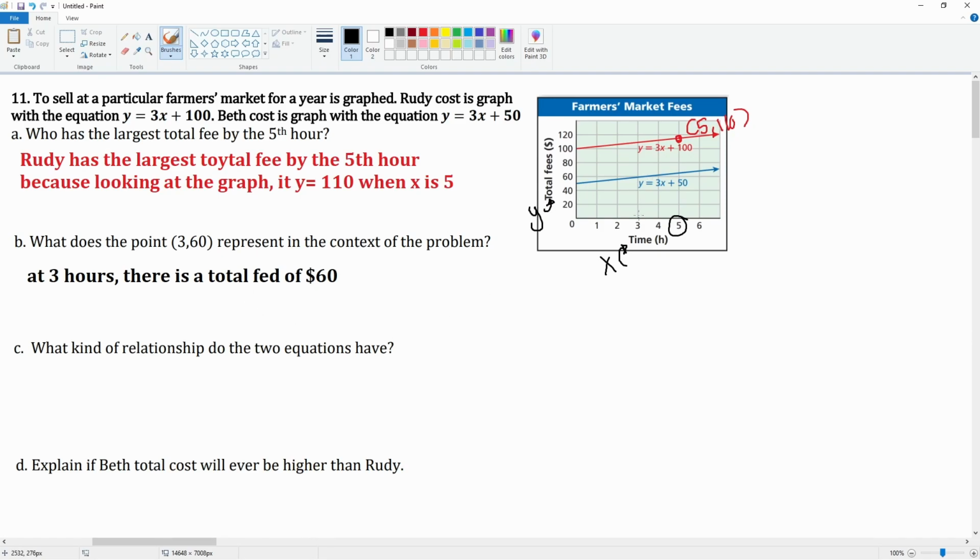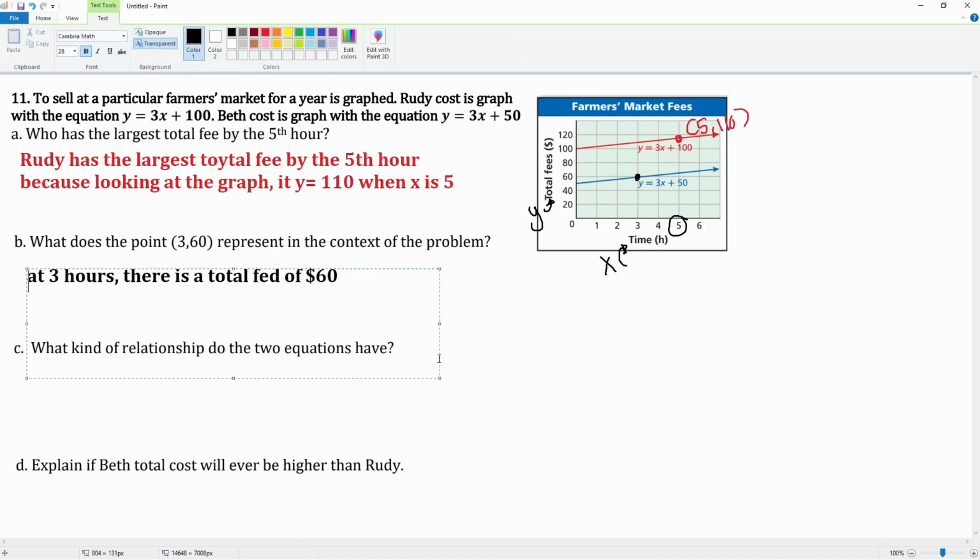Okay, and 3, 60 is referred to right here for Beth. At 3 hours, there's a total fee of 60, and this is how much Beth is paying. Okay, because it's also her graph, so I want to mention that as well.